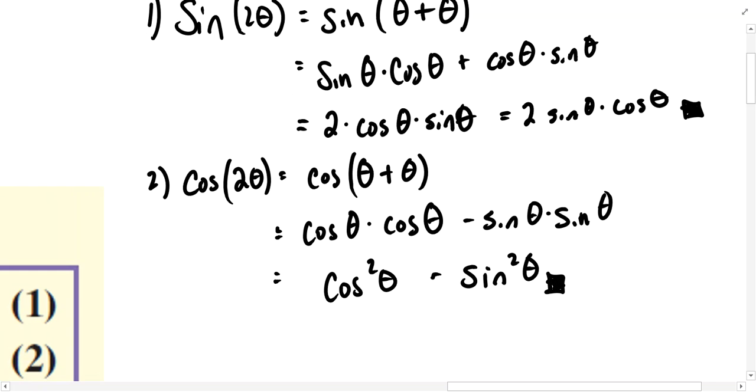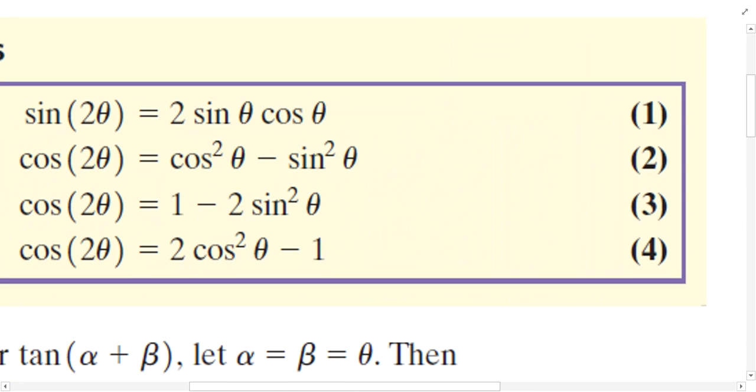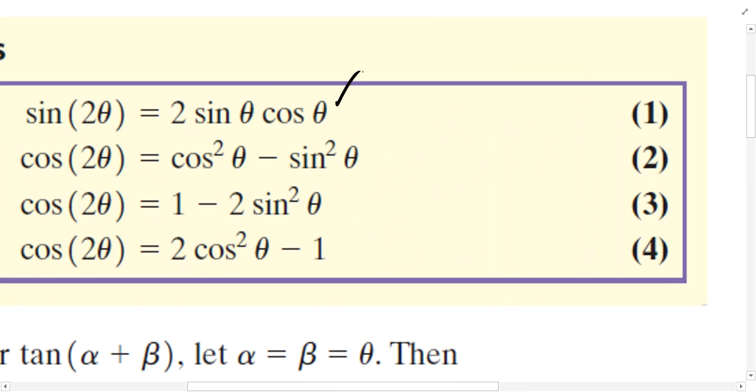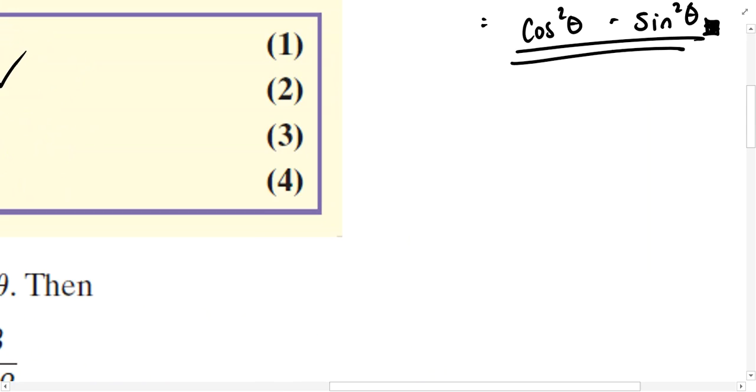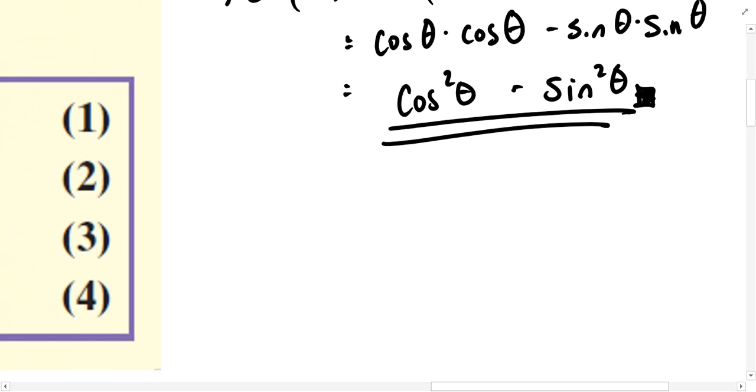And cosine theta times cosine theta is cosine squared of theta. And sine theta times sine theta is sine squared of theta. And I didn't do this with my last example, but again, we're establishing these identities, and 2 sine theta cosine theta, yep, that checked for sine of 2 theta, and yep, cosine squared theta minus sine squared theta, that's what we've got here. Well, what about the second and third forms of cosine 2 theta? How do we get that? Well, for that, I think we see these cosine squared and sine squared.